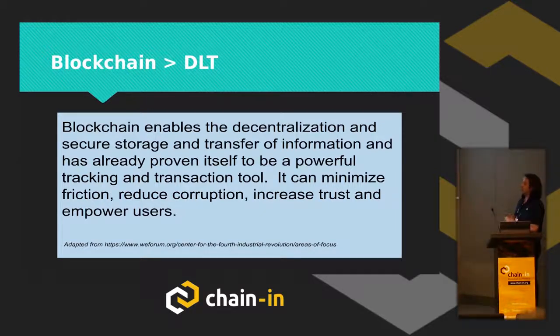The blockchain technology can minimize friction, and this means reduced costs, but it can also reduce corruption through the transparency, auditability, and traceability of the blockchain. It increases trust in organizations. If your organization is using blockchain to store information and publish information, you are more likely to be trusted by your users. And finally, blockchain technology is actually being used to empower the end users themselves, not just businesses or organizations.